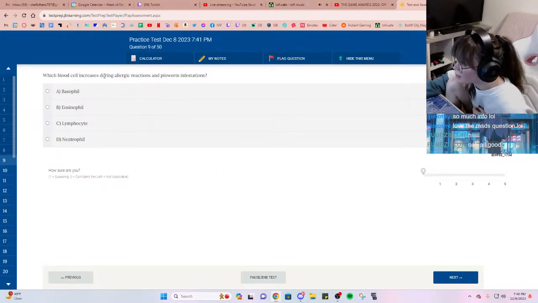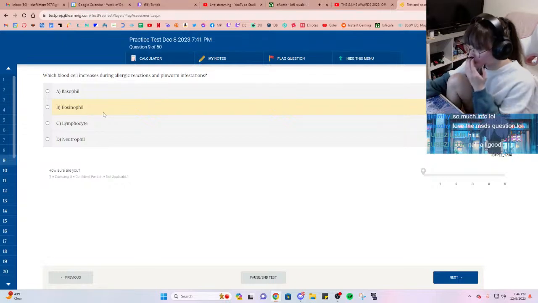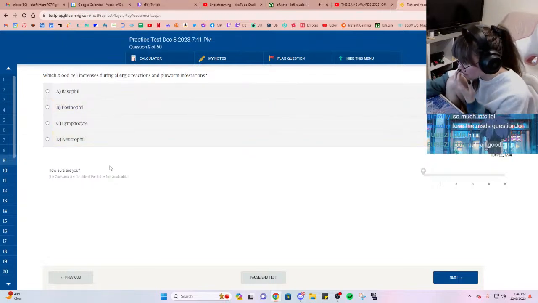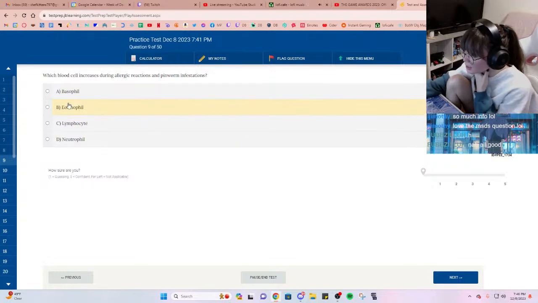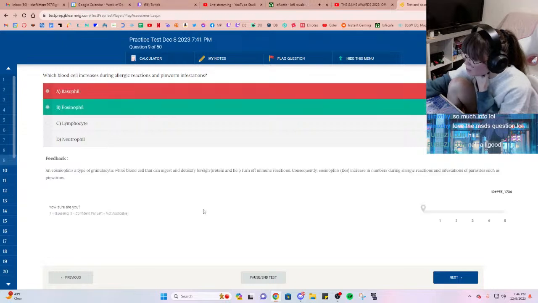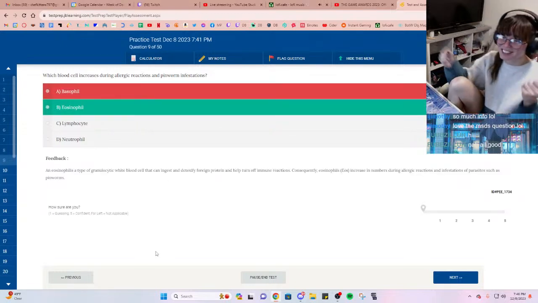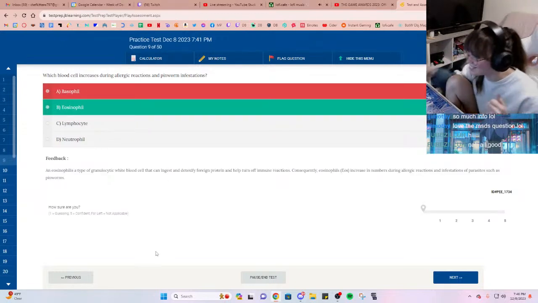Which blood cell increases during allergic reactions and pinworm infestation? Eosinophil? Oh shoot. Not neutrophil. Pinworm infestation. I'm guessing between these two. Basophil. Duh! Dude, I keep guessing the wrong one.